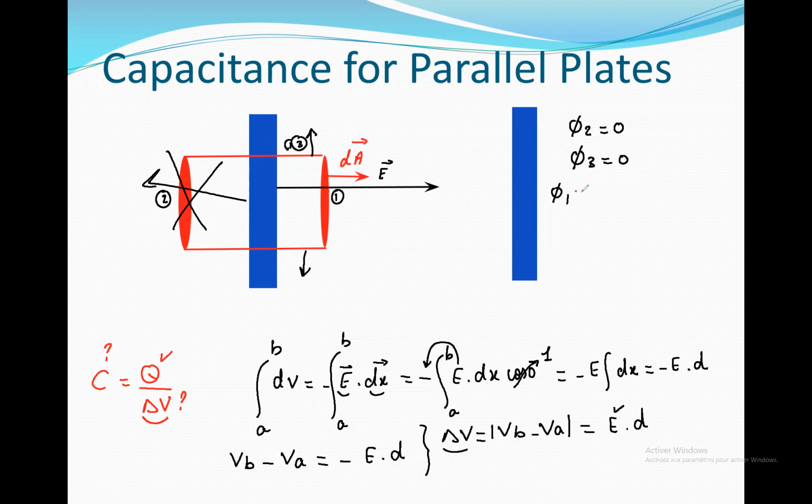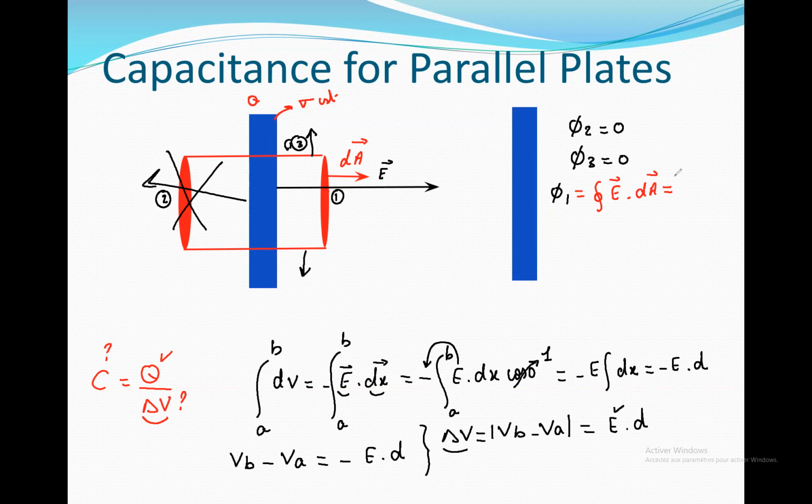So phi 1 equals the integral of E dot dA equals Qn. Here we have a plate, two-dimensional. I give you sigma is constant, so the charge is uniformly distributed.